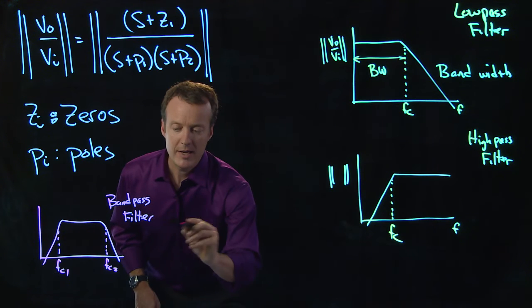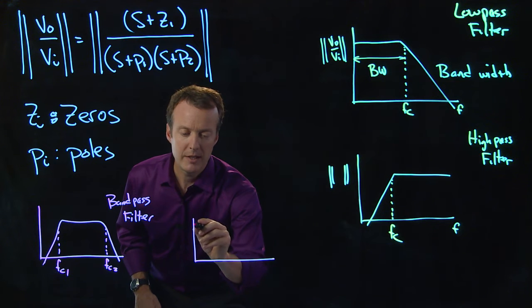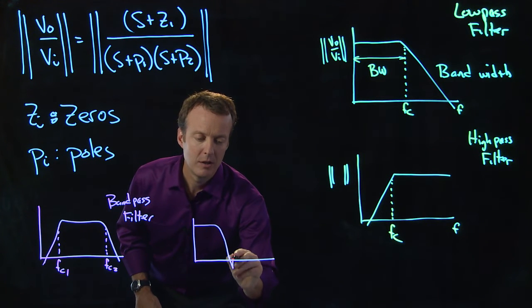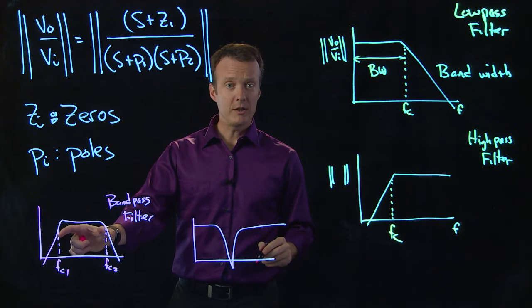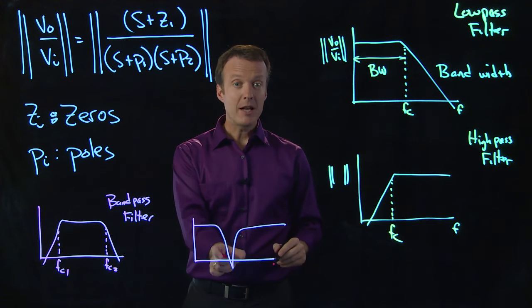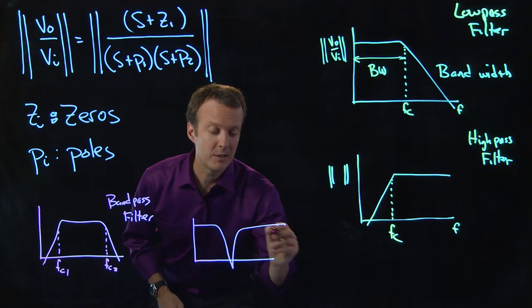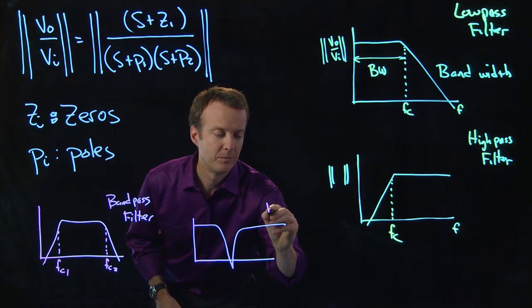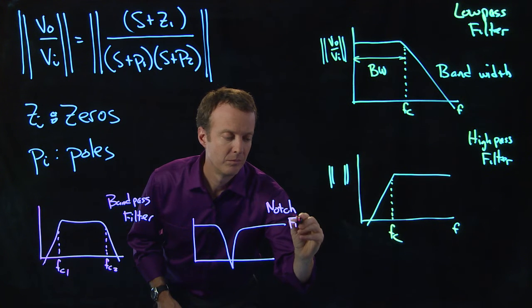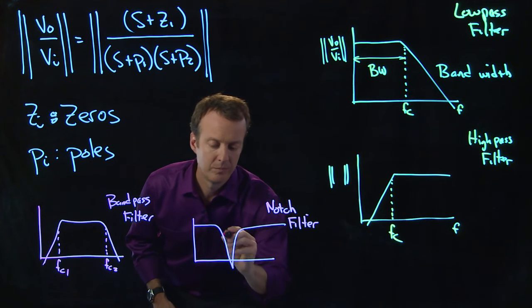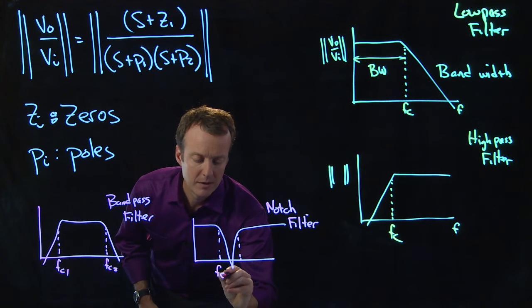And another is known as a notch filter, or sometimes a band reject filter. And again, this is the complement. So whereas a band pass filter passes components within a certain frequency range, a notch filter or band reject filter rejects components within a specific frequency range. And again, this would be characterized by two cutoff frequencies.